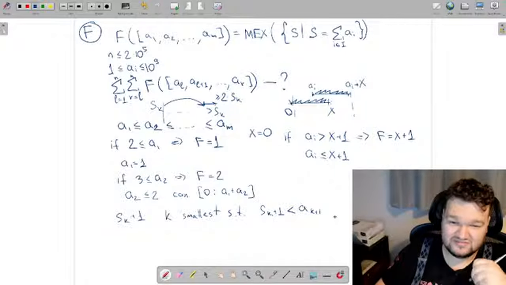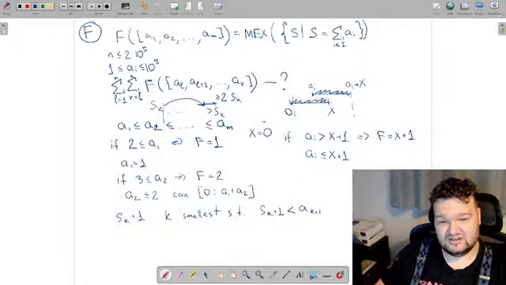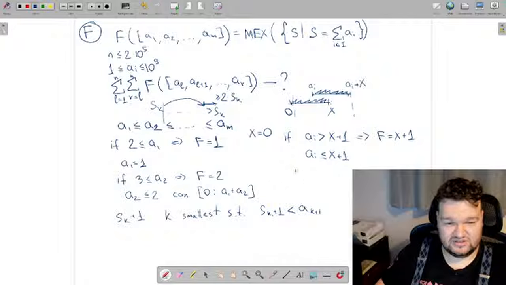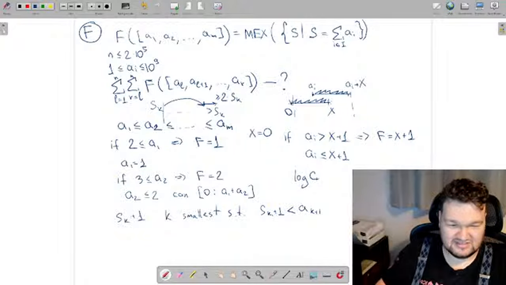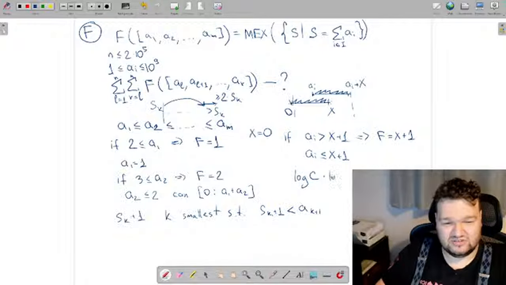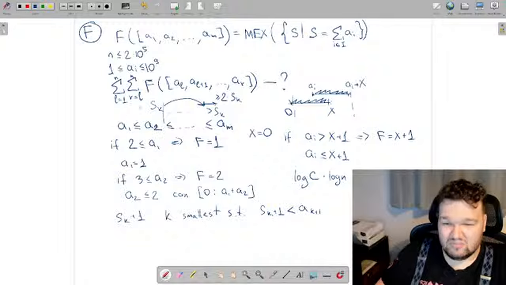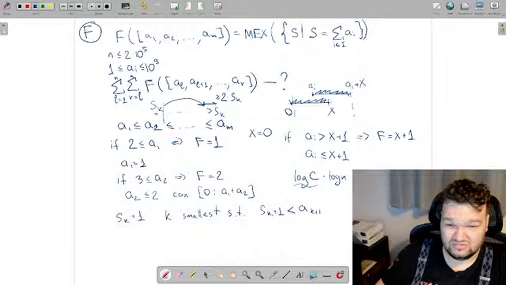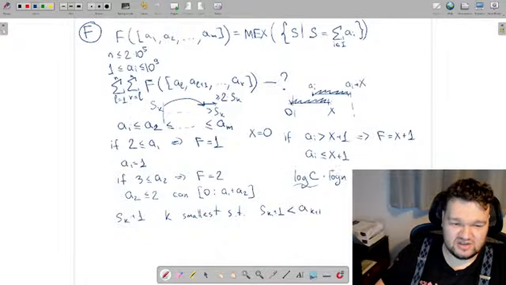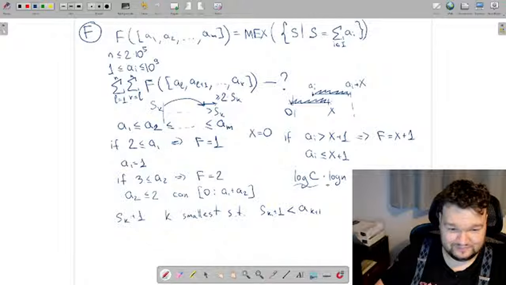Now we made it faster than linear, and it is like the sum of the numbers times log n, because we need a lower bound. The number of steps will be bounded by this, because each time we multiply the sum by 2 at least, so we cannot have more than log c steps. And for each step we need a lower bound.